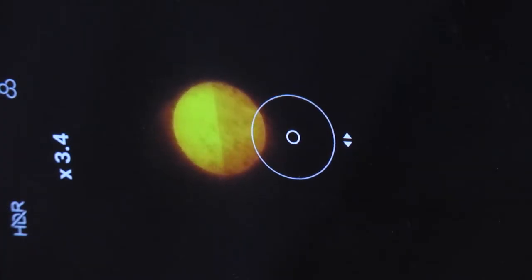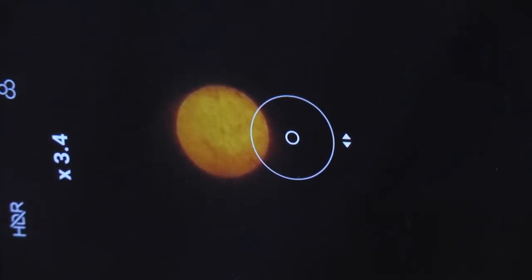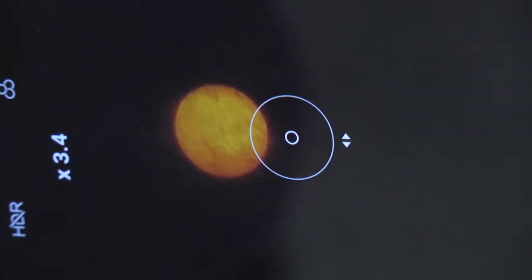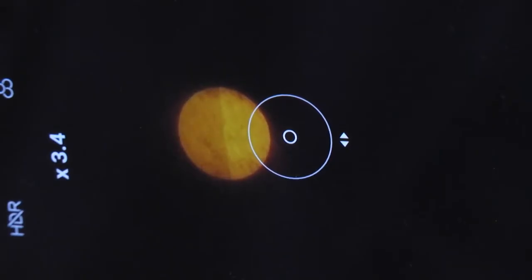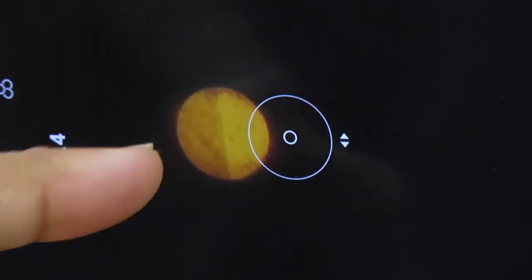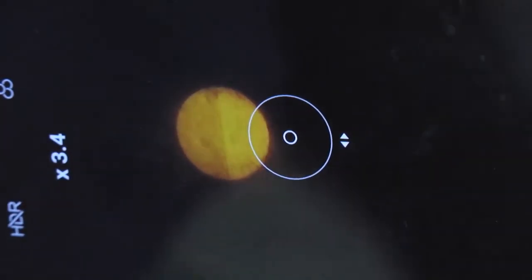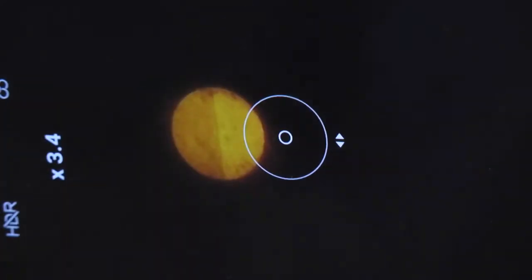Then you see I will get a position where both halves are uniform. This is the uniform position, and this angle is around 60. Now I am continuing, and I am getting another position where one half is dark and the other half is bright.